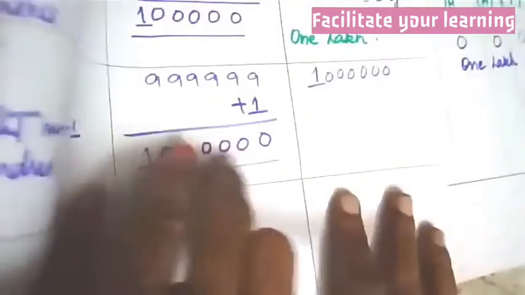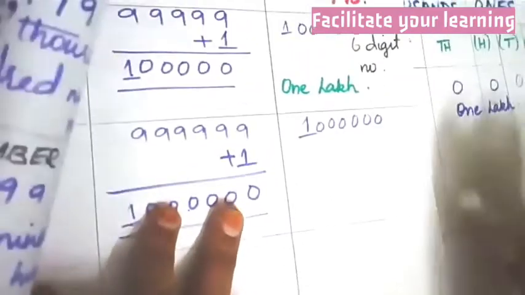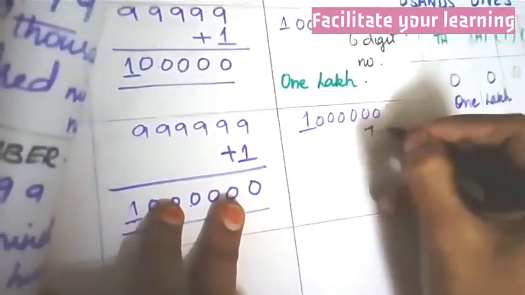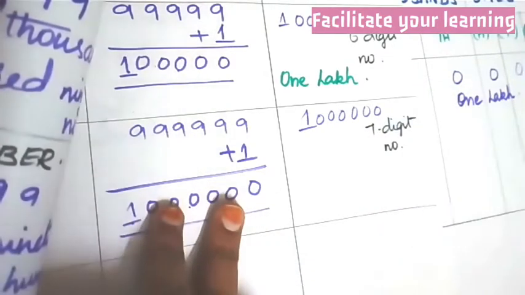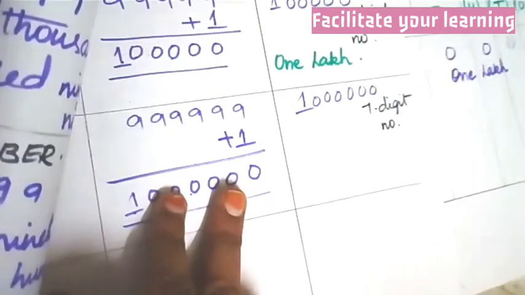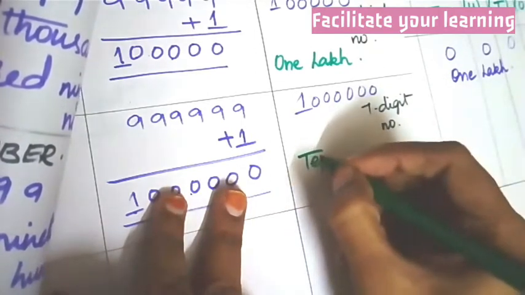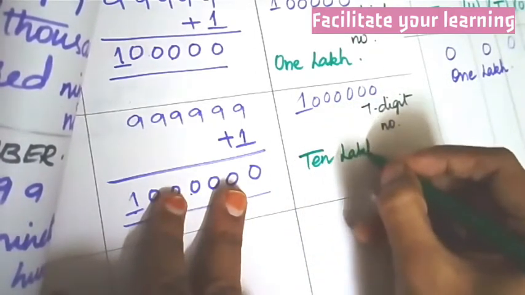It is the smallest 7-digit number. How do you read it? You should read it as 10 lakhs.